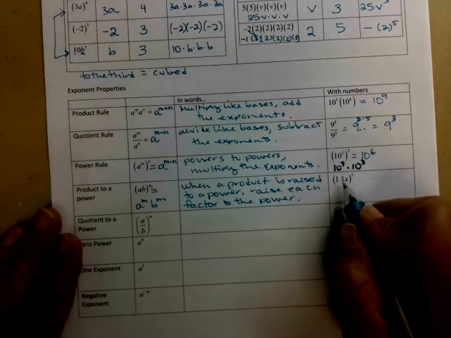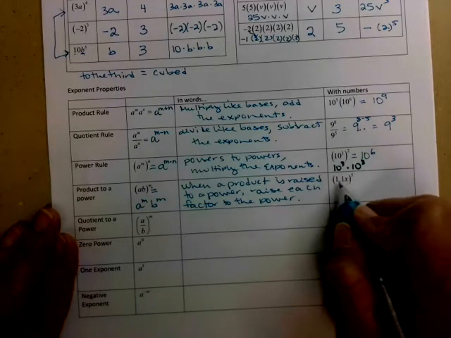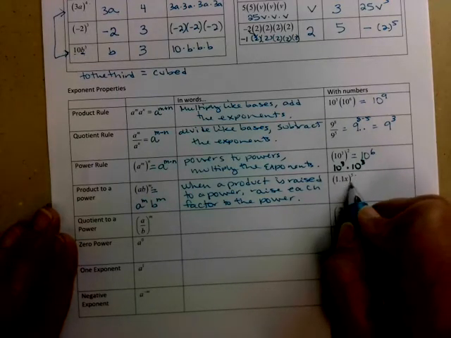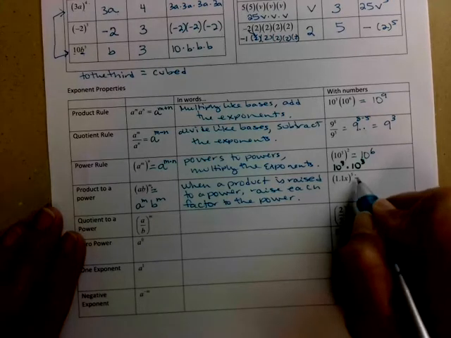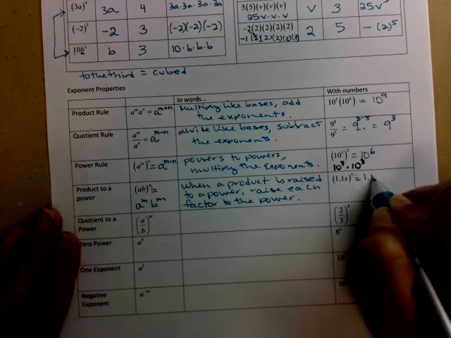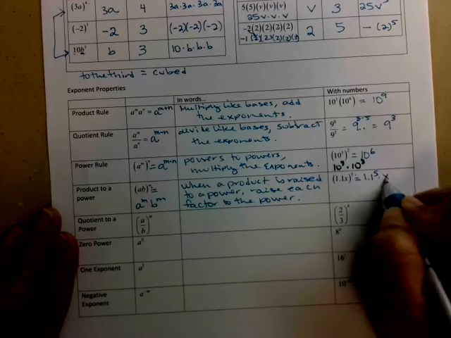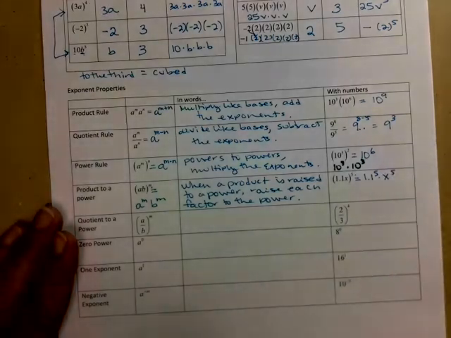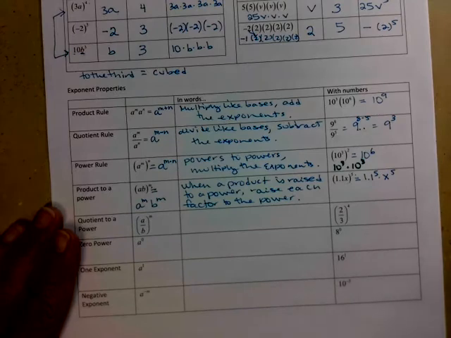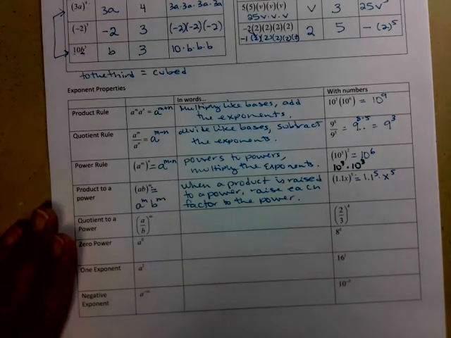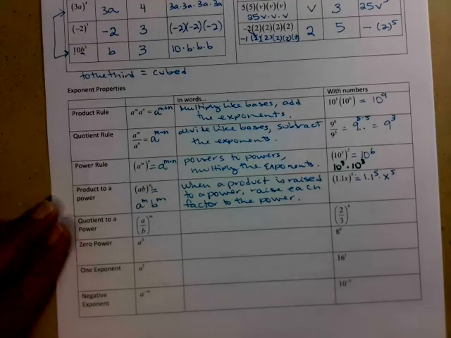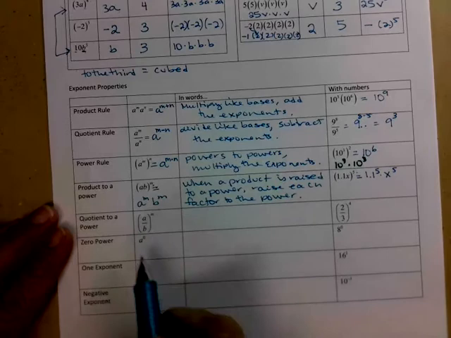So if I have 1.1 times x, all raised to the 5th power, and I know it's all because it's in parentheses, this is equivalent to 1.1 to the 5th times x to the 5th. And 1.1 to the 5th, let me just see what that might be. Oh, it's pretty long to write. So 1.61051 x to the fifth.